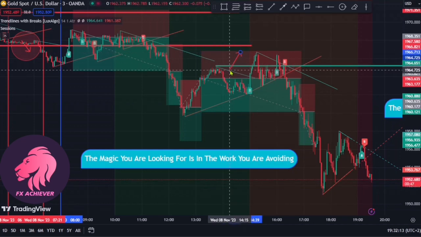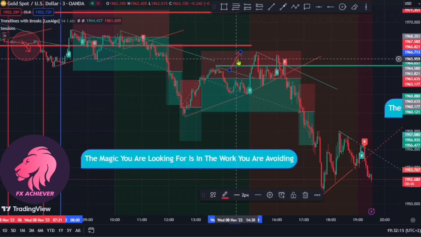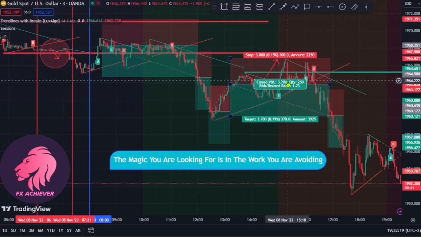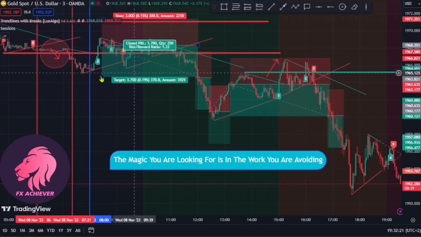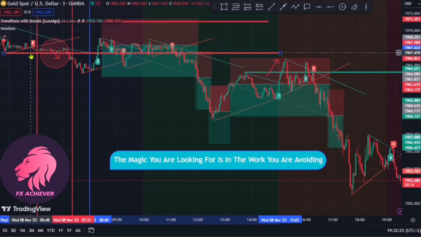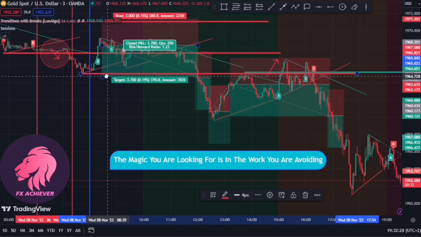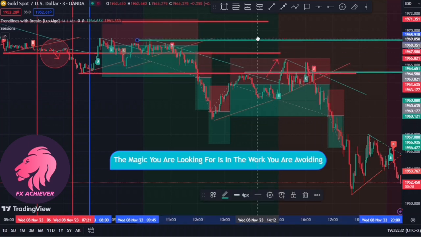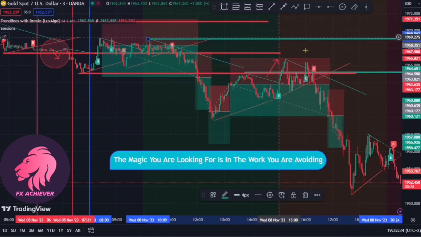it seemed as if there was a change of direction. There was actually no change of direction. The change of direction was going to be considered if price came to beat this green line here.